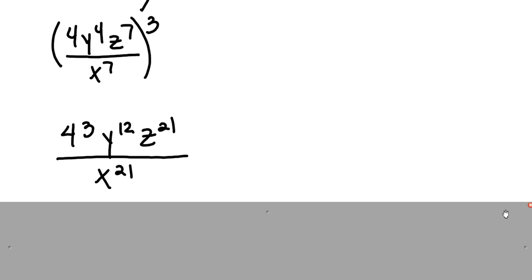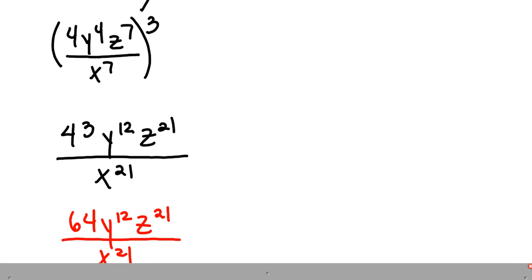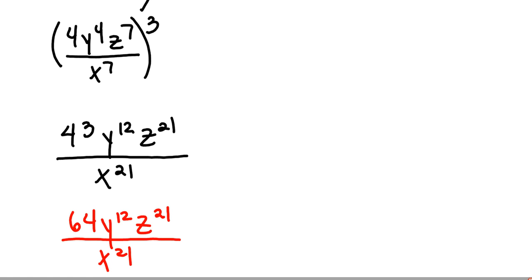So our simplified value here, sorry, not 48, 64. So we have 64 y to the 12th, z to the 21st divided by x to the 21st. That would be our simplified result from our exponential expression above.